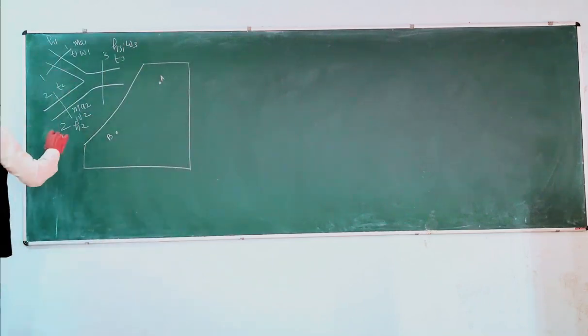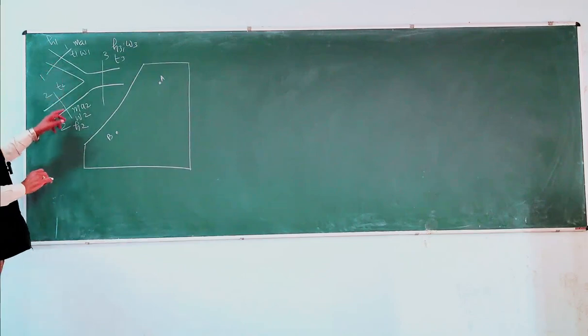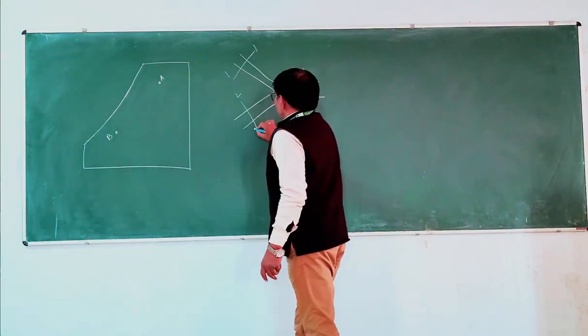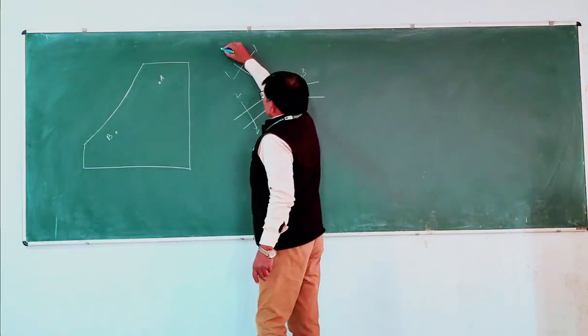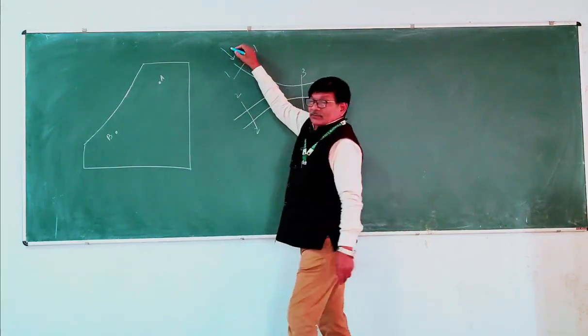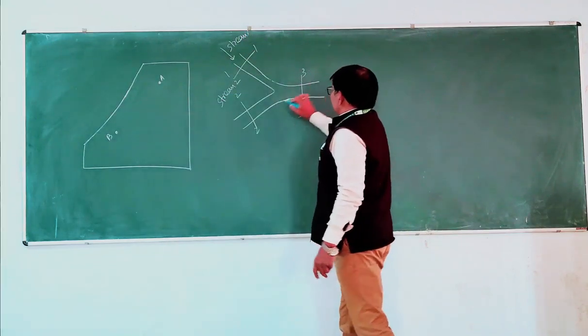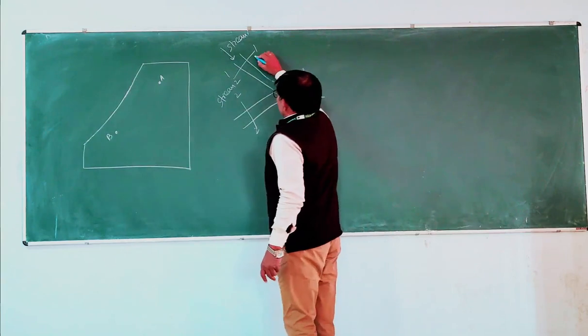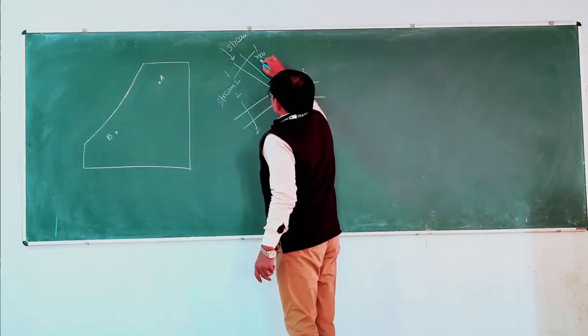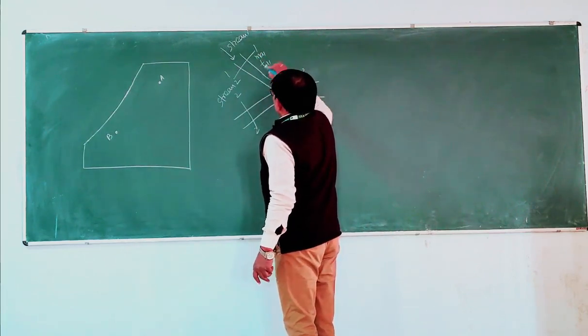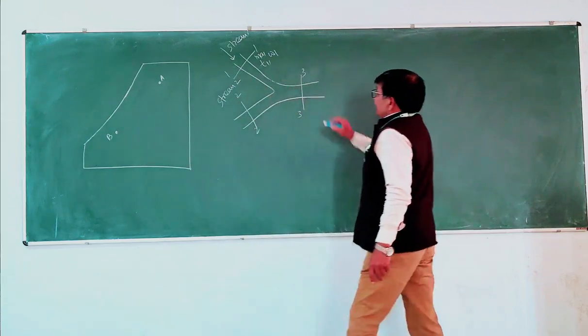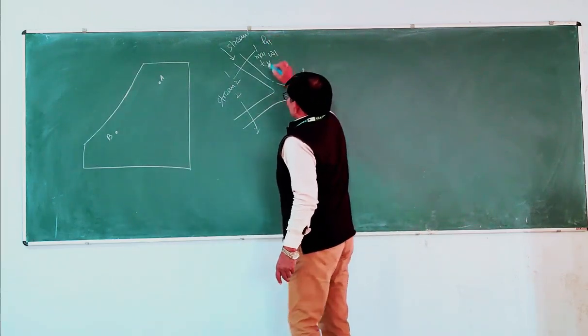So there are two streams, stream 1 and stream 2, and after mixing it will come out. Here the mass flow rate is MA1, dry bulb temperature is T1, specific humidity is omega 1, and enthalpy is H1.